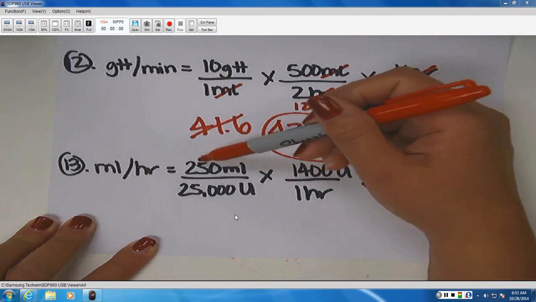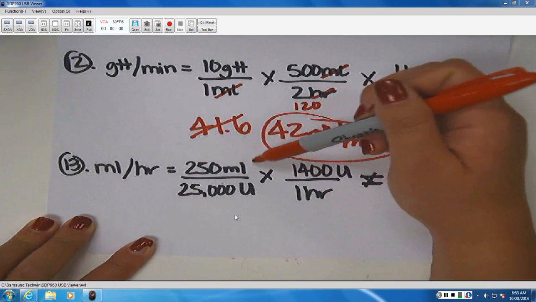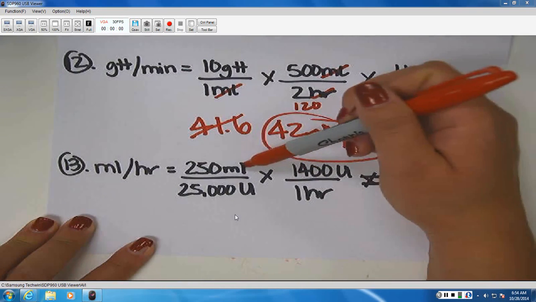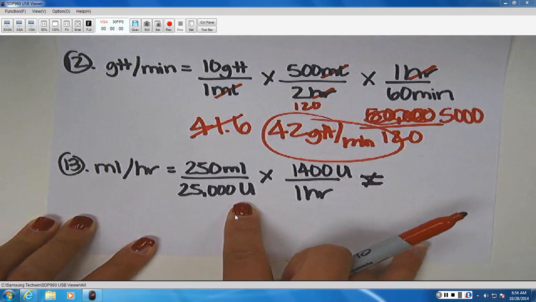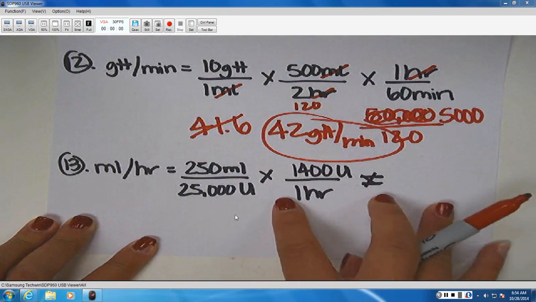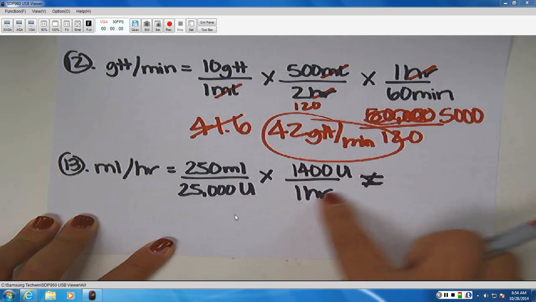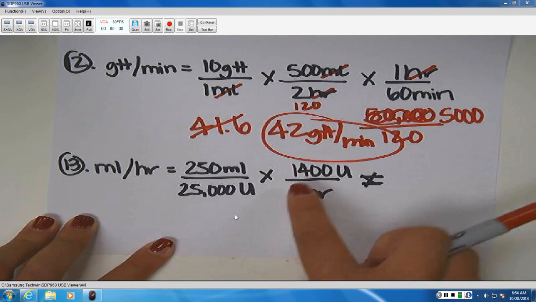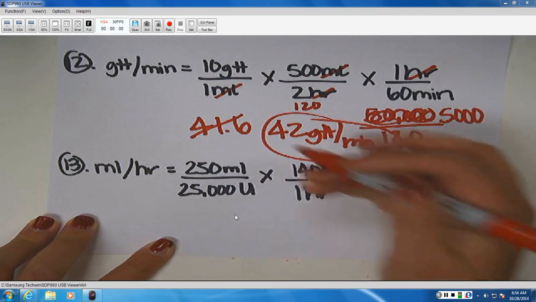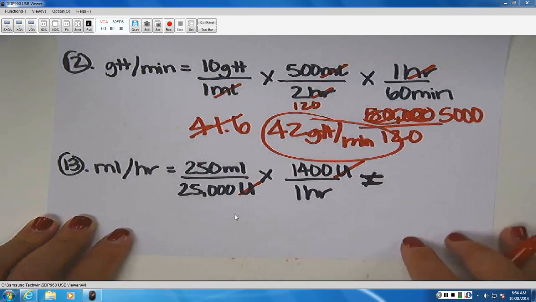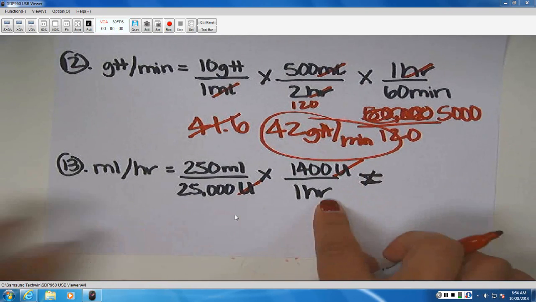Well, our bag of fluid is 250 mLs. And within that 250 mLs, we have 25,000 units. We're going to multiply that by the dose that is ordered. And what's ordered is 1,400 units per hour. So the units are going to cancel each other out, and we're just going to multiply straight across.